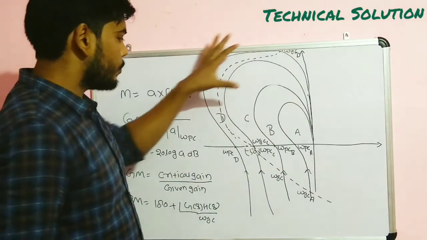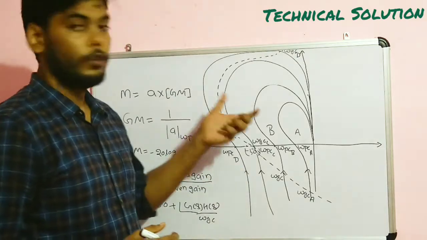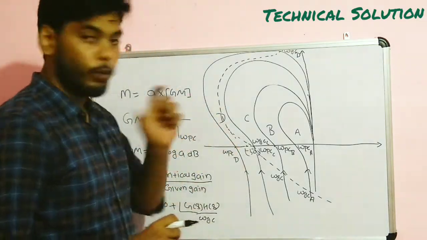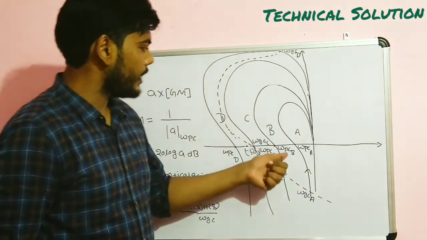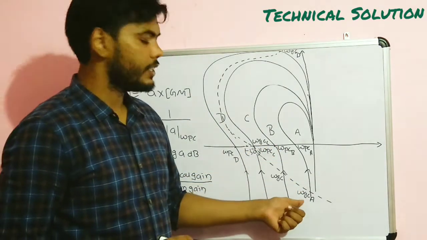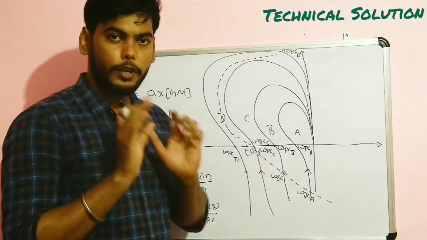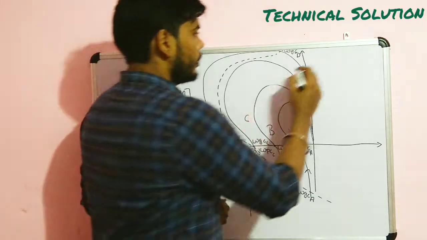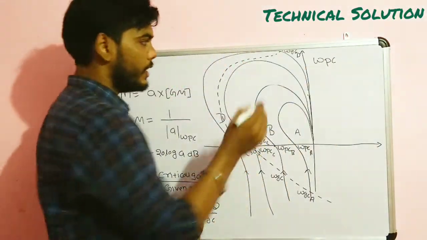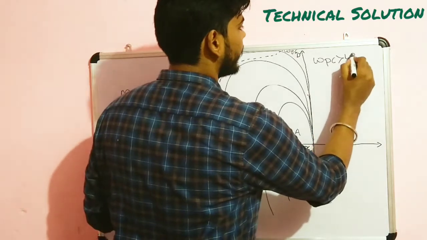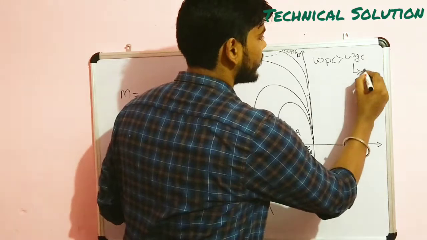From this polar plot we obtain an important point. What is the important point? For a stable system, the phase crossover frequency is greater than the gain crossover frequency. So when the phase crossover frequency is greater than the gain crossover frequency, the system is stable.